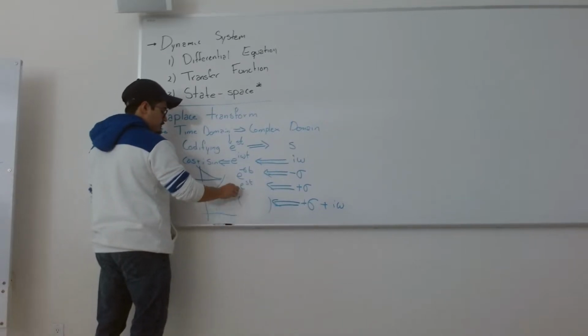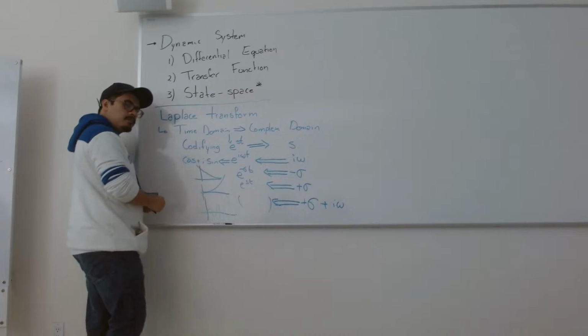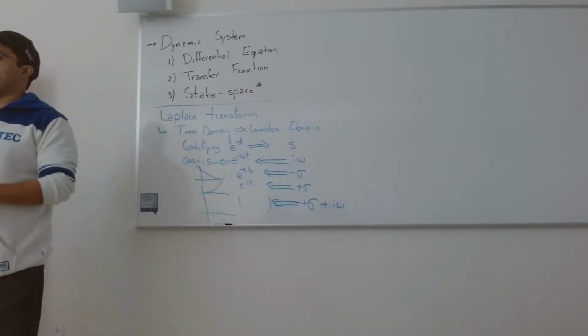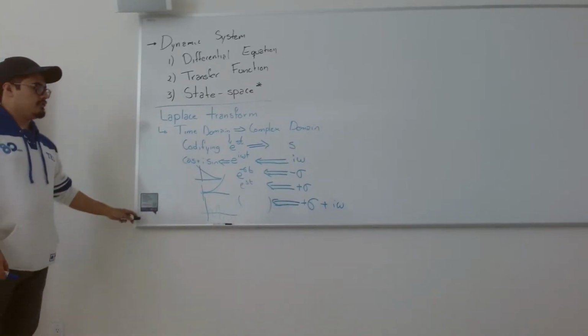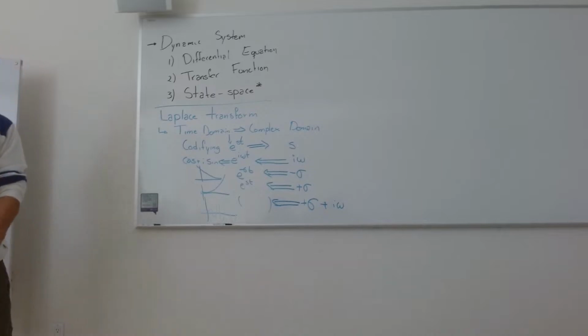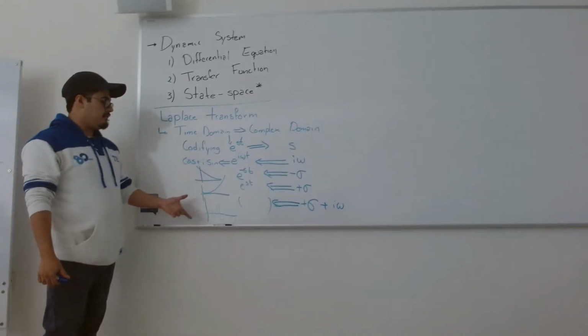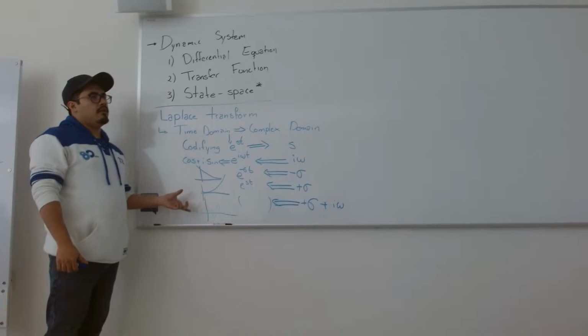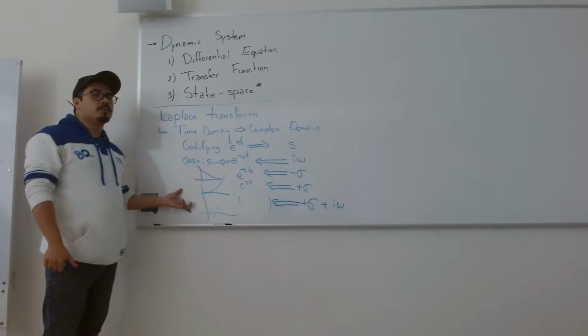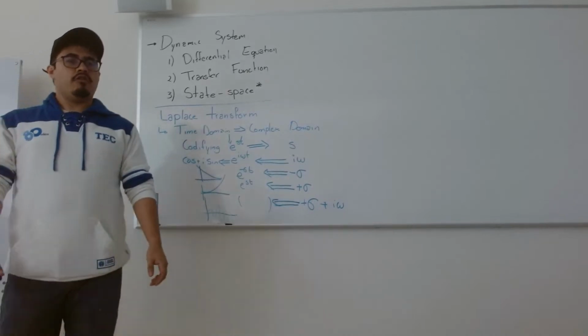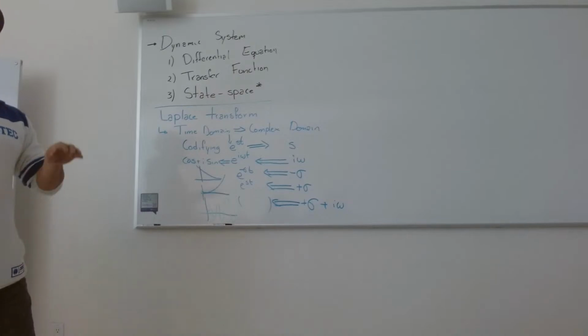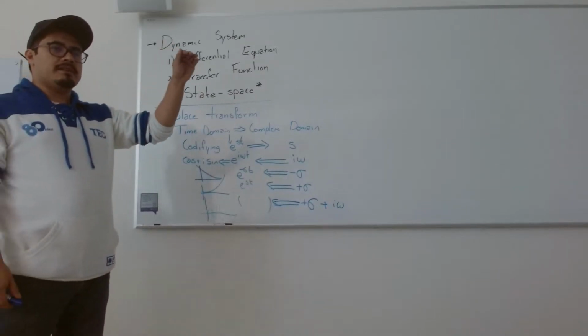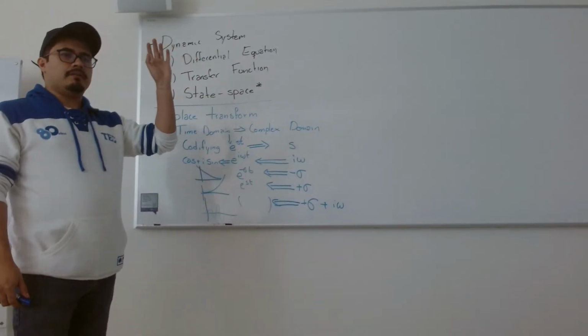Divergent oscillations, right? And if it was negative, convergent oscillations. Okay. These behaviors are for the zero input case, or initial condition case. I'm not applying anything to my system. I'm just letting it be.